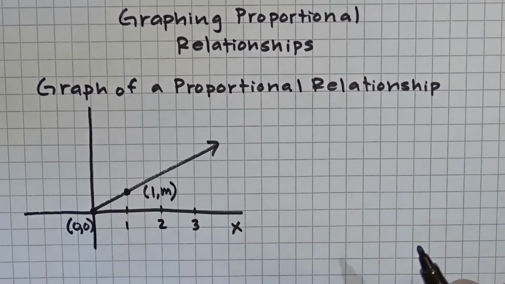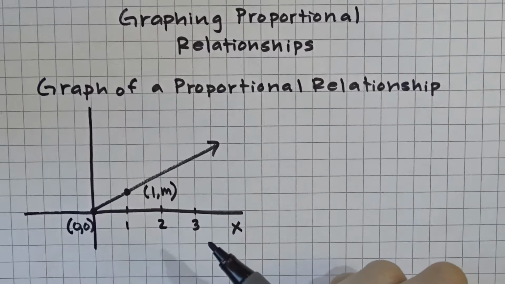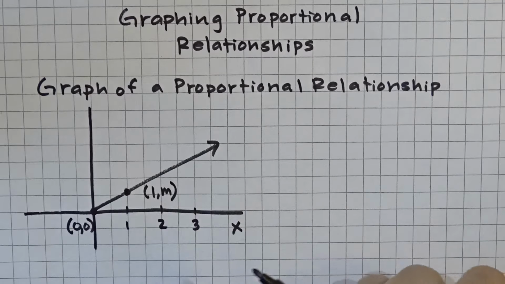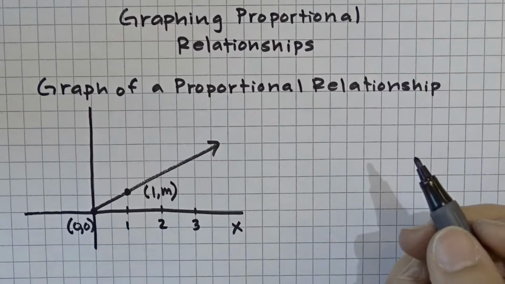So m is what we call slope. In a proportional relationship, the unit rate would be visible in the coordinate where your x coordinate is 1 and your y coordinate would end up being your slope.